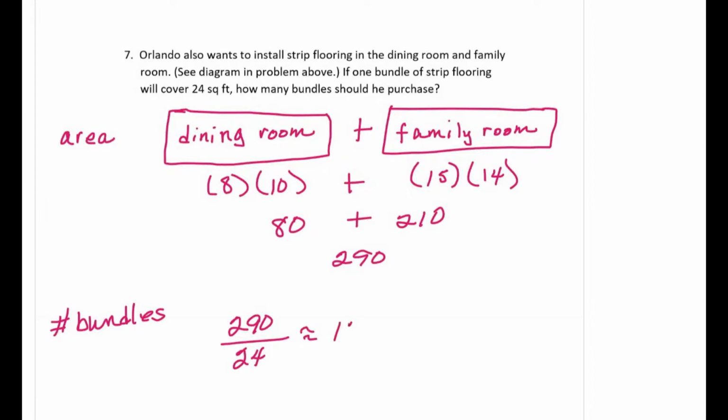When you divide, you get approximately 12.08, and you are always going to round up, because 12, even though 12 is your closest integer, it's not going to be enough, so you're going to round up to 13 bundles.